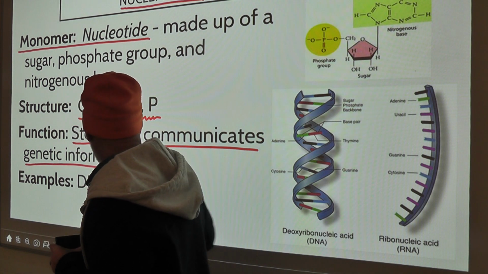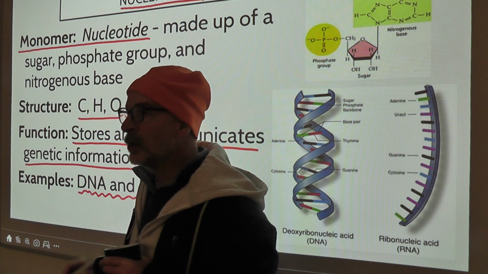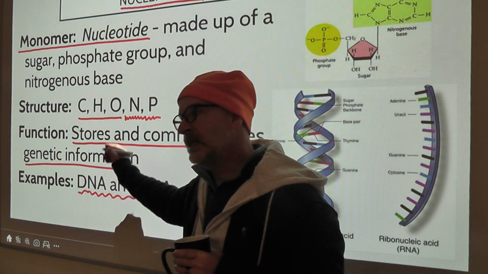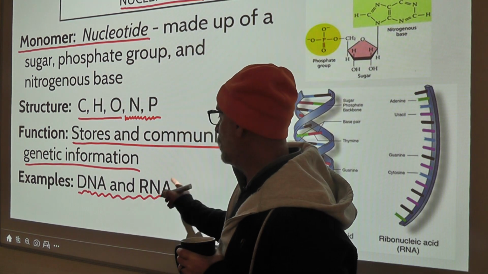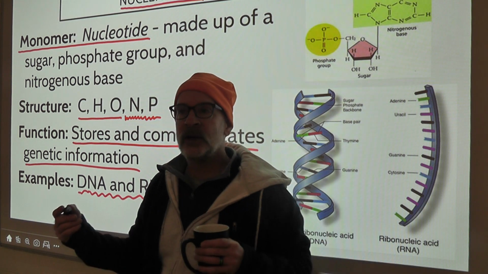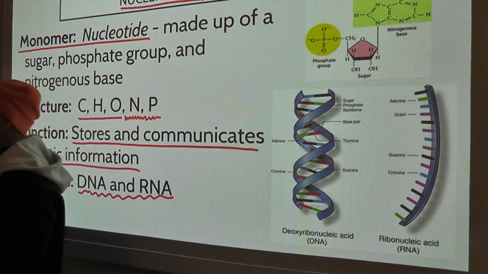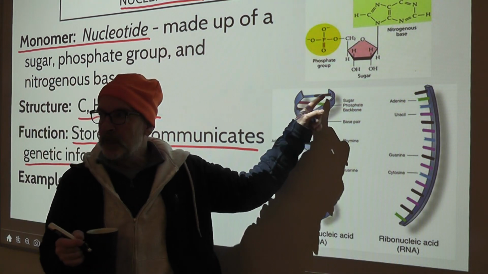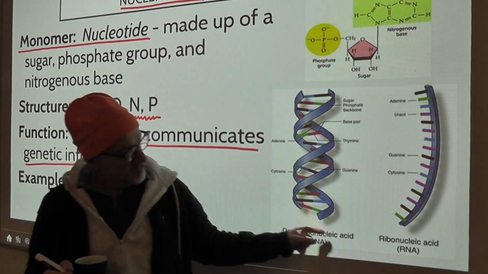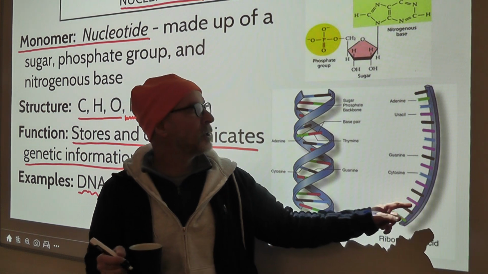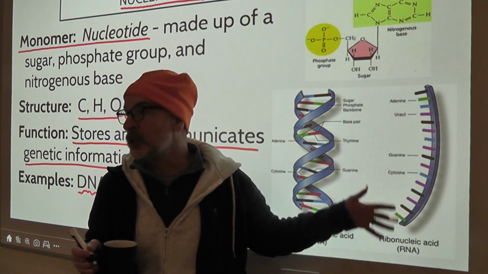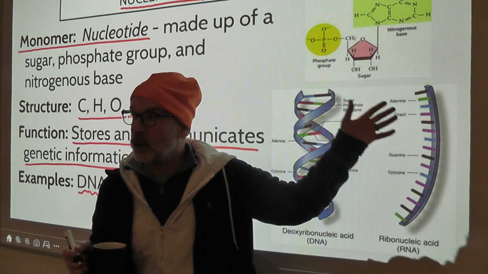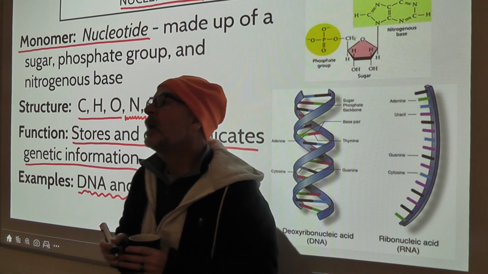And the bad news is you're gonna have to know all of this. You're gonna have to know what DNA is, how it works, how it's put together. You're gonna have to know what RNA is. You're gonna need to know the difference between messenger RNA and transfer RNA. You're gonna need to know how the information in DNA gets moved to an RNA molecule, and then how that is interpreted with transfer RNA and ribosomes and all sorts of crazy things to make proteins.